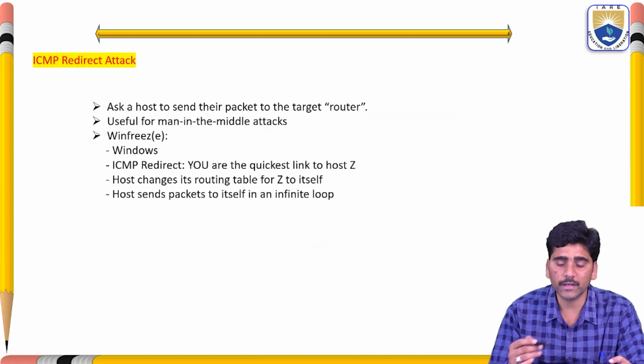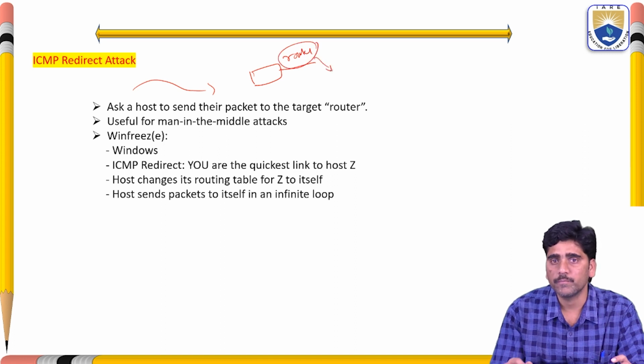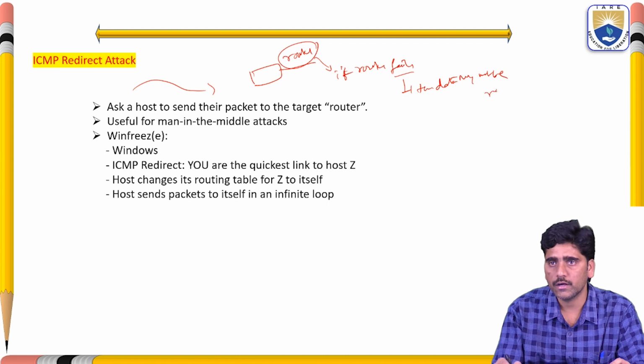And the ICMP redirect attack. These attacks happen with the help of routers, because if the data sent by the sender goes through the router and the router fails, the data may not reach the destination host.